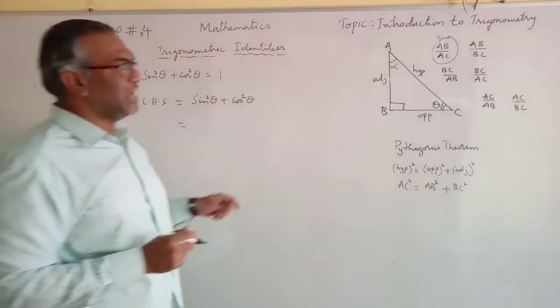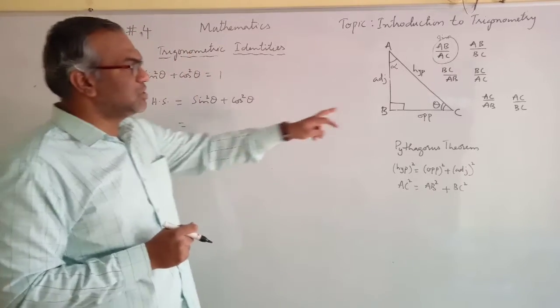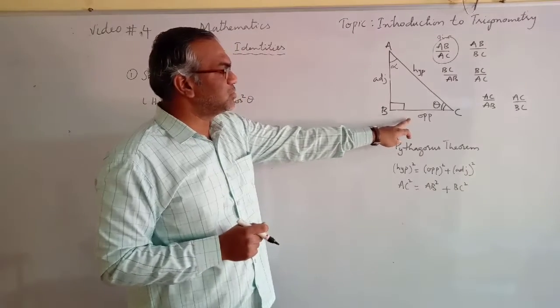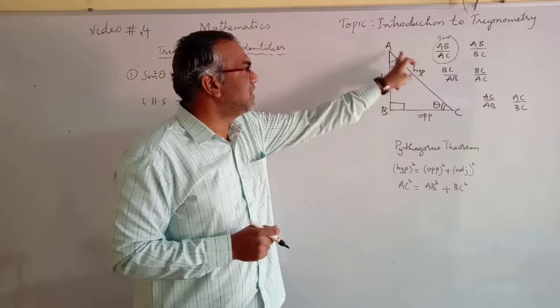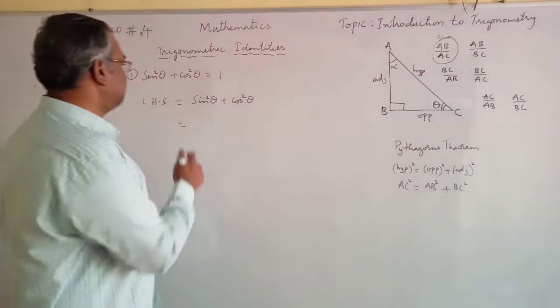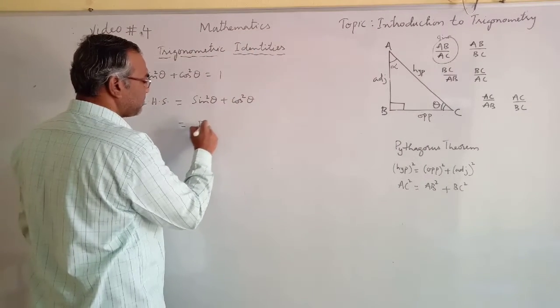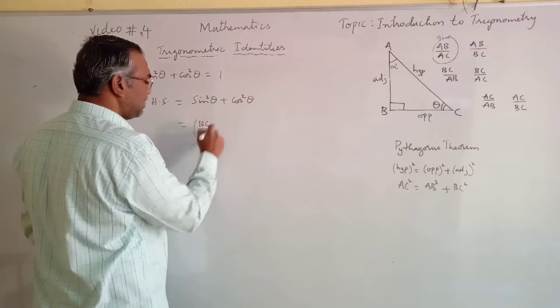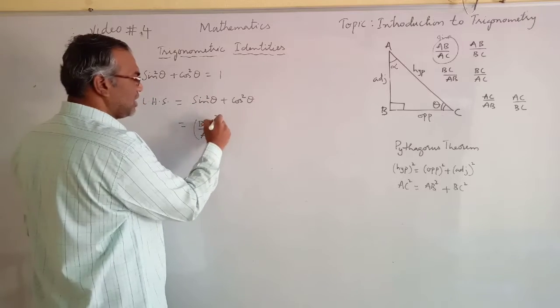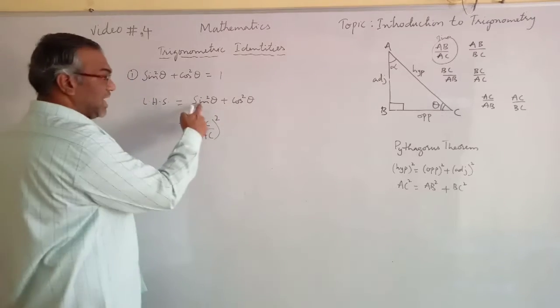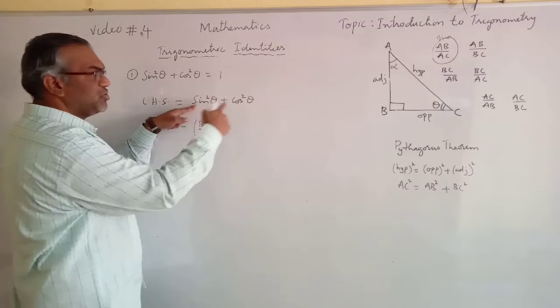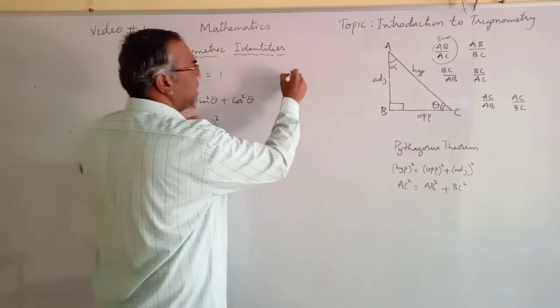Now, let's write sine. We know that sine is opposite divided by hypotenuse. So here it is BC divided by AC, and because it has a square, that will be squared. According to the definition, sine is opposite divided by hypotenuse.